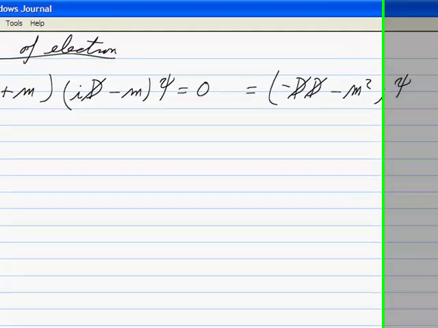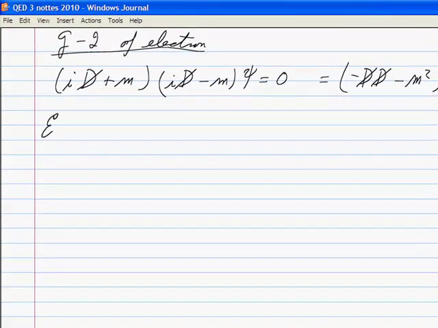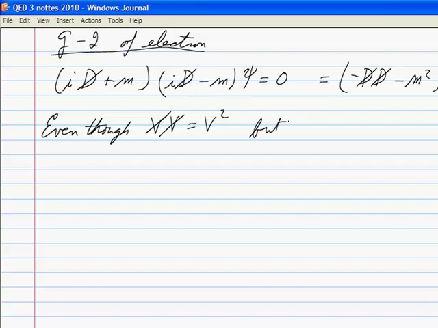Now, you'd be tempted. I've told you that any vector slash equals vector squared, but it's not true if that vector is D. So the theorem holds if the vector is not D, but d-slash is not equal to d squared.